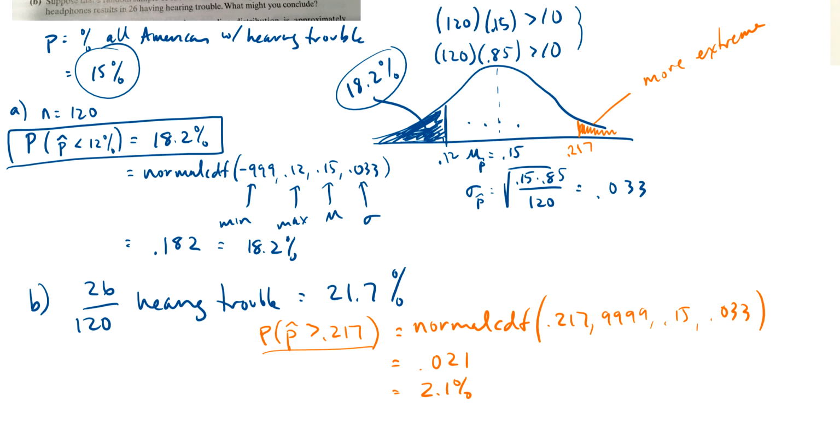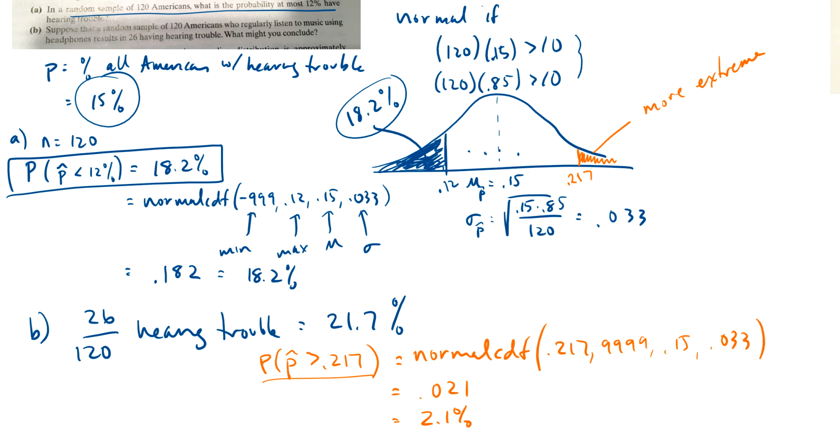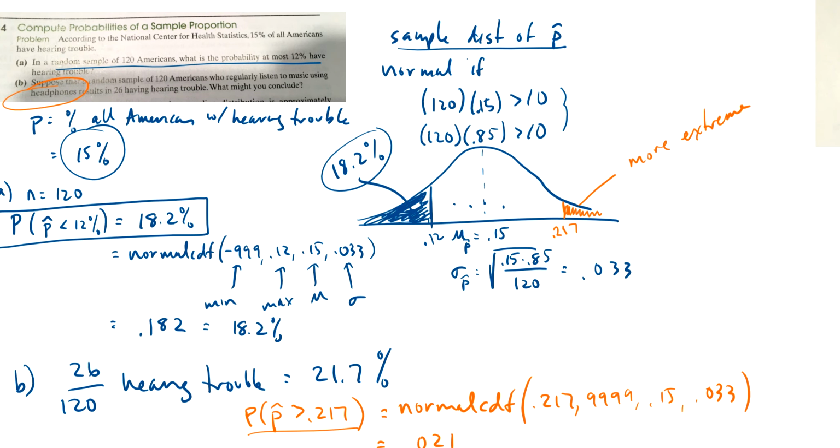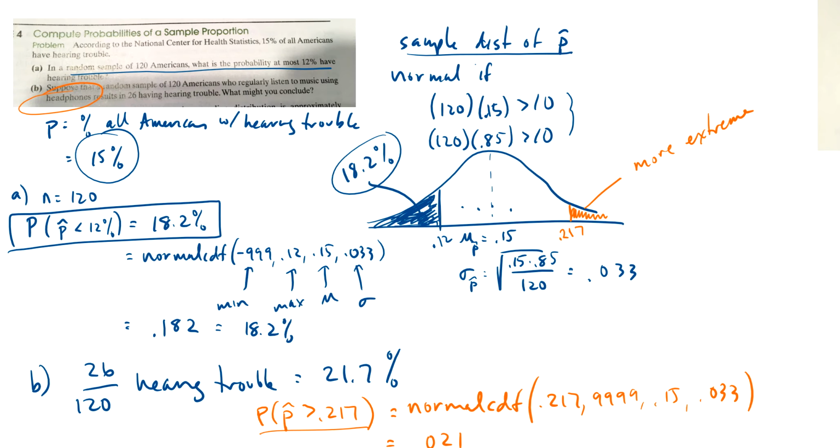Okay. All right. So is that likely to happen by chance? No. It says that listening to music while on headphones probably causes them to have more hearing problems. Okay. So we get to use these numbers to make general statements about what's going on here in life.